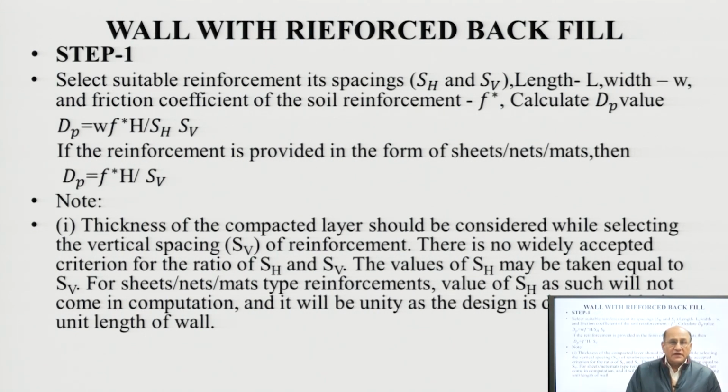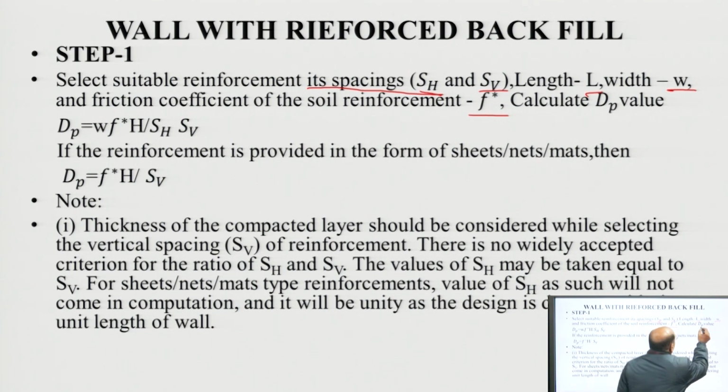We will discuss that in step 1. Here select suitable reinforcement and its spacing. This is the horizontal spacing SH and this is the vertical spacing SV. The length is L and width is W, and friction coefficient of soil reinforcement is F star.